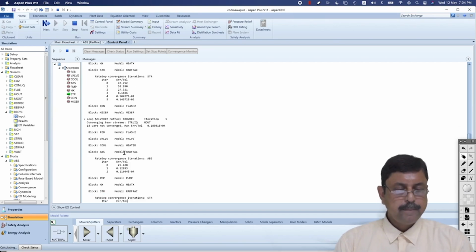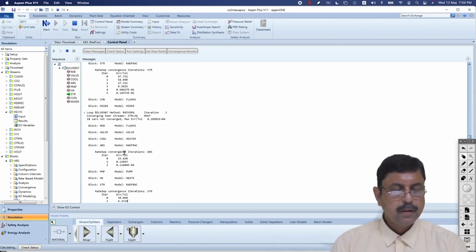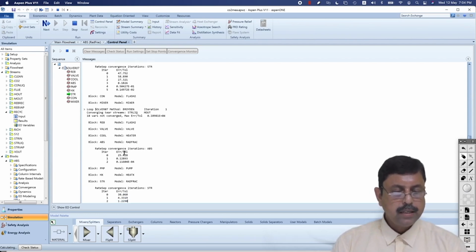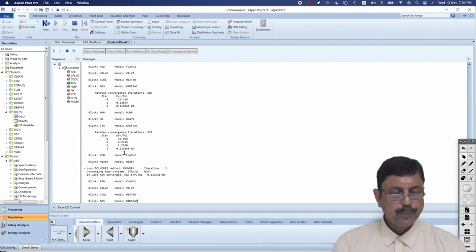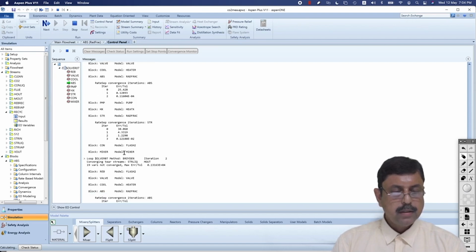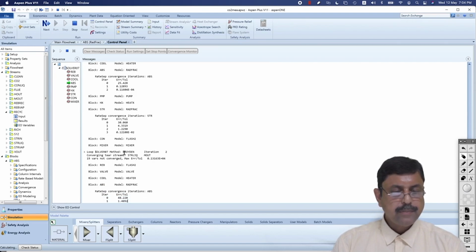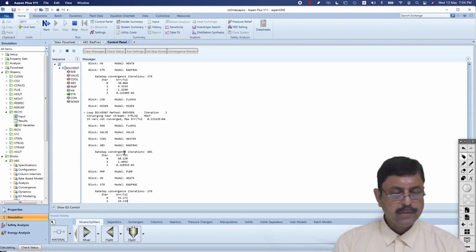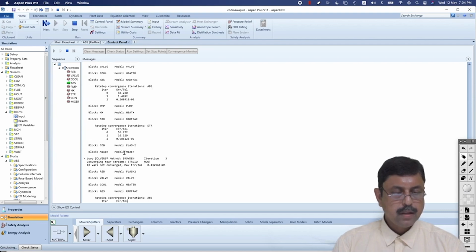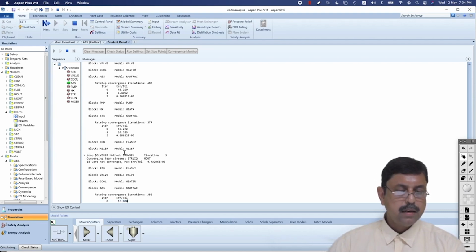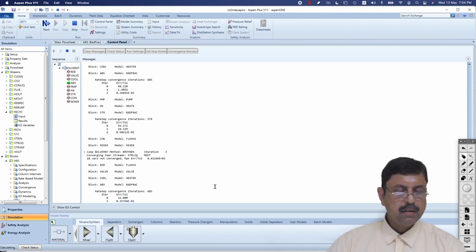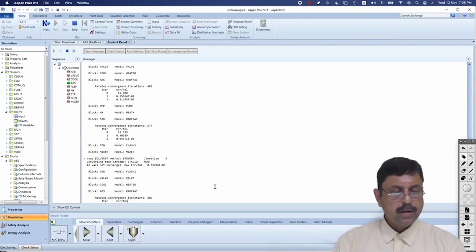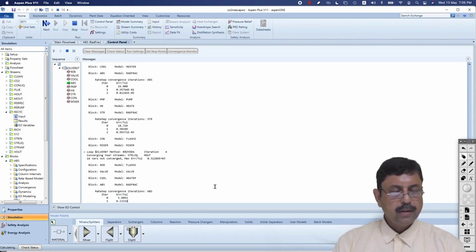Okay. So we are at iteration number 2. The stripper and absorber, they are not creating any problem, but again 19 variables are not converged. Here, iteration number 3, 18 variables are not converged. Iteration number 4, 16 variables not converged.